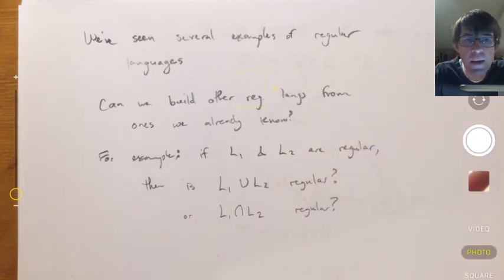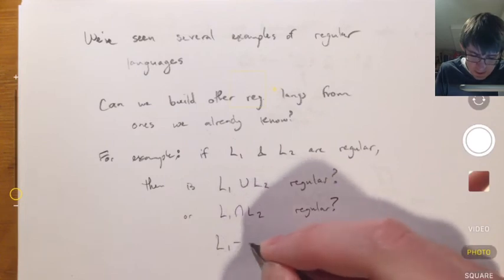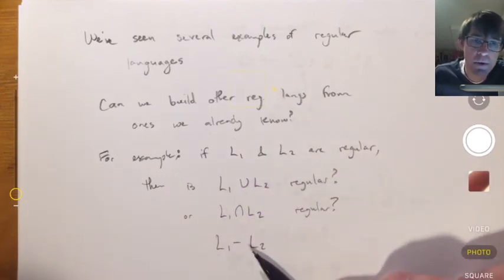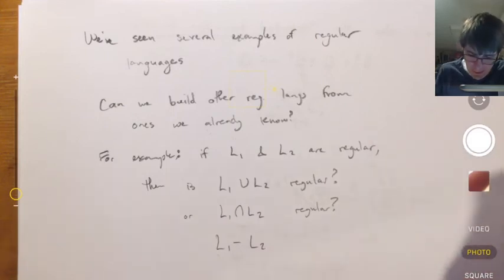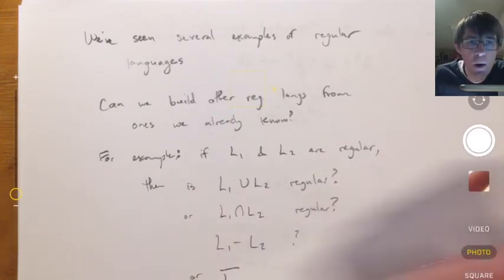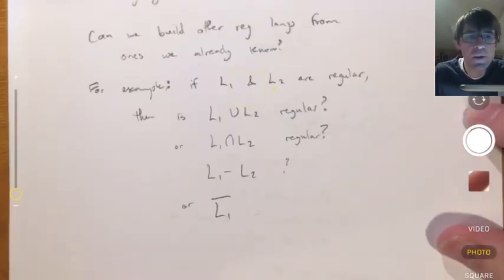If I already have some regular languages, what happens if I try to mix them together in various ordinary ways using set theory? Or you could ask about L1 minus L2. This is the difference of two sets. This means all the things which are in L1 but not in L2. Or even something like L1 bar. We're going to use bar to mean complement.